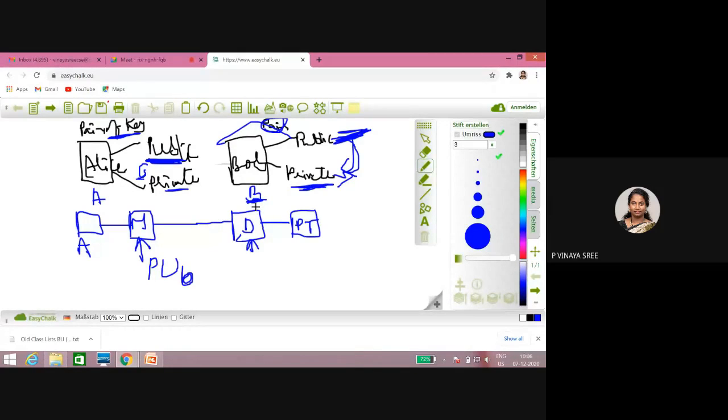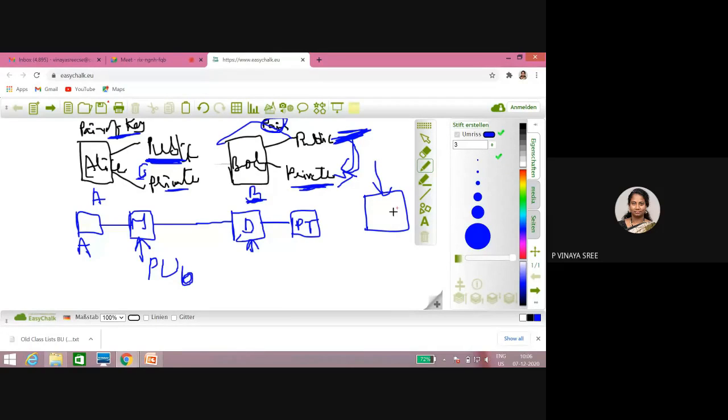If you have a username and password and you are authorized, do you know your password? Yes, you know it, right? So you can open and see your inbox. In the same way, here Alice is encrypting the message with the public key of Bob. How does Alice get this public key? Because the public key is stored in registers.